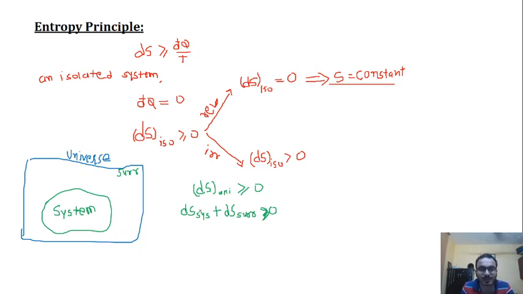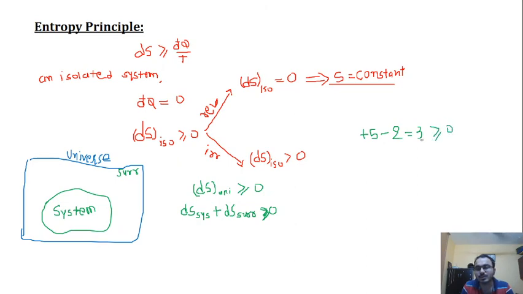There can be a decrease of entropy for either the system or the surrounding, but overall there will always be an increase in the entropy of the universe. It is like plus 5 minus 2 equals 3, which is greater than 0.